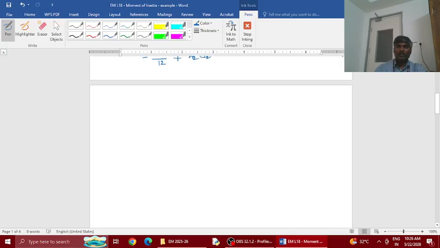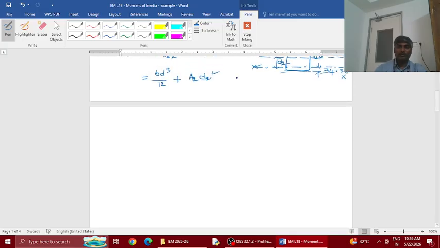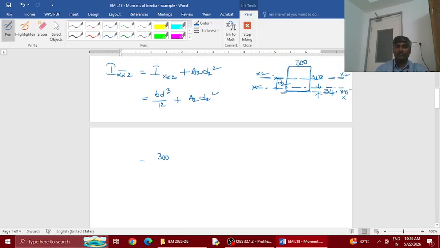So substituting for these dimensions, B is the parallel dimension, just look here. This is the parallel dimension for this line. You are writing for this axis, the moment of inertia.